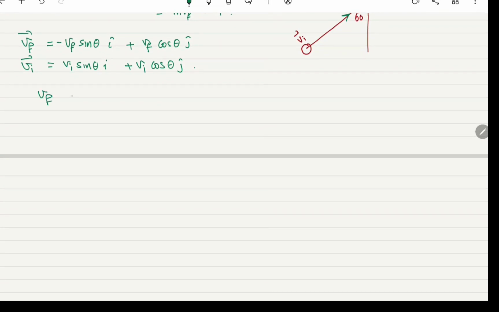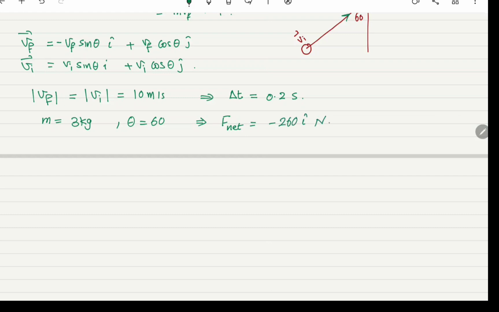V final is the same magnitude as the initial, which equals 10 meters per second, and the contact time here equals 0.2 seconds. The mass equals 3 kilograms, theta equals 60. Pull everything together, you will get here F net equal to minus 260 i hat newtons.